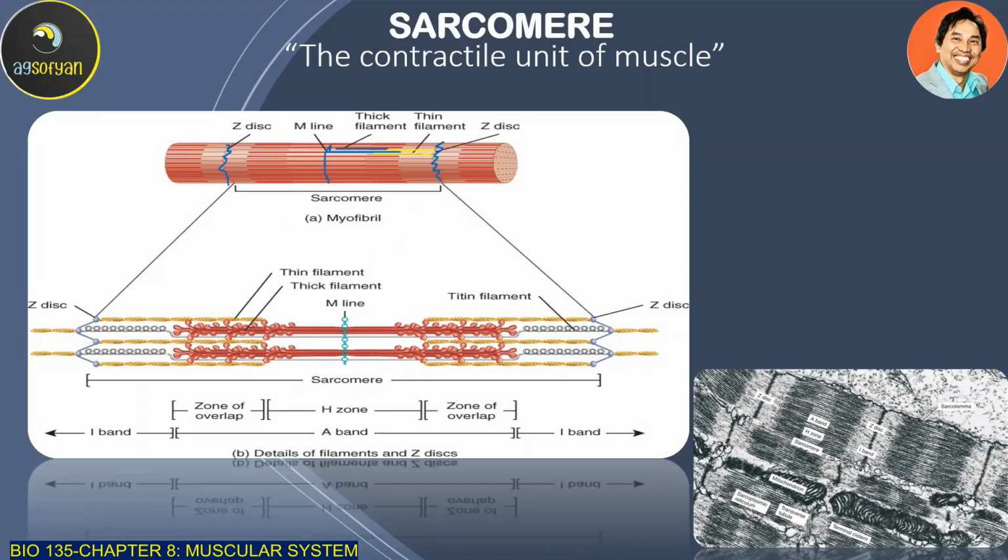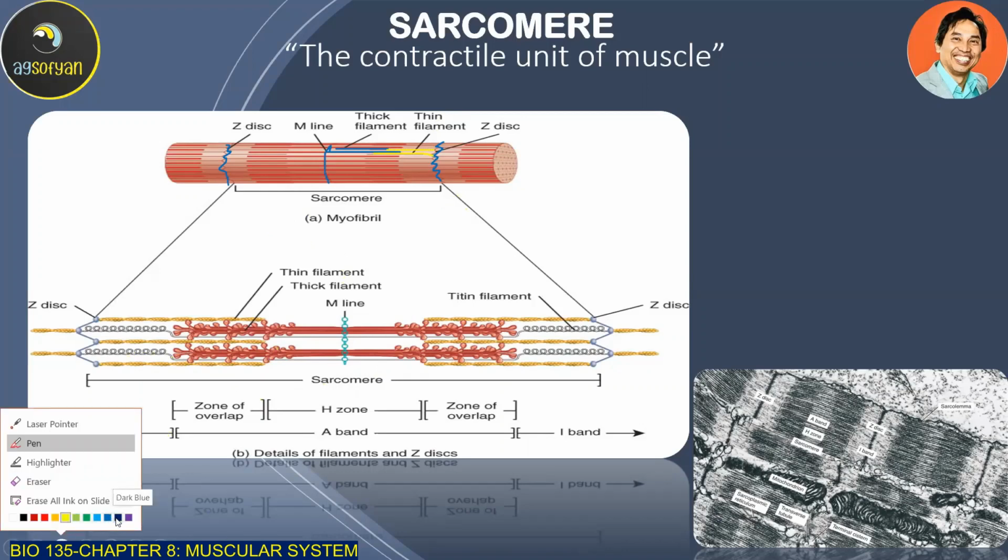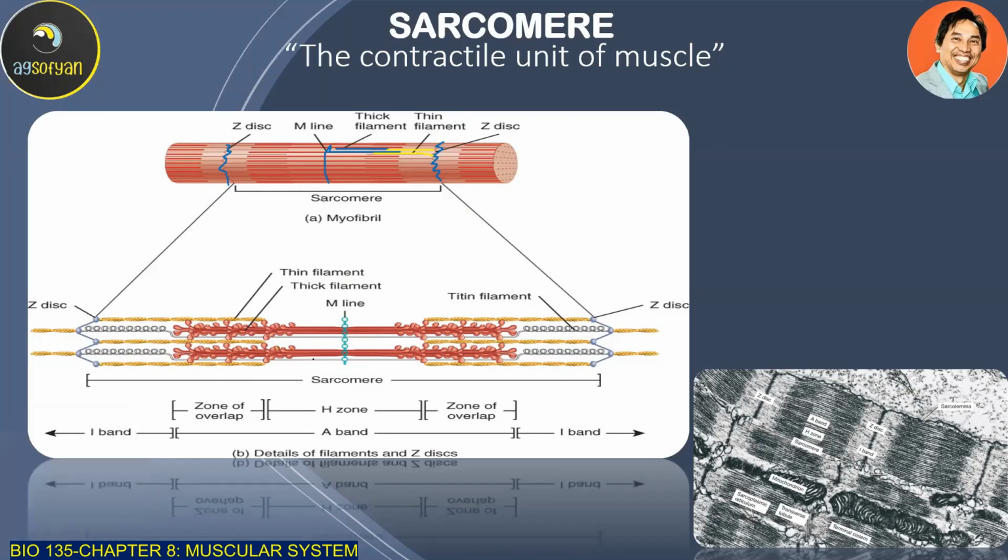And then if we make it bigger, it's the sarcomere, then you will see the M-line protein is here in the middle. Okay, so this one, the M-line protein, anchors the thick filament, which is the myosin. Okay, and if you see myosin, it has heads, many heads. This is what we call the myosin head.